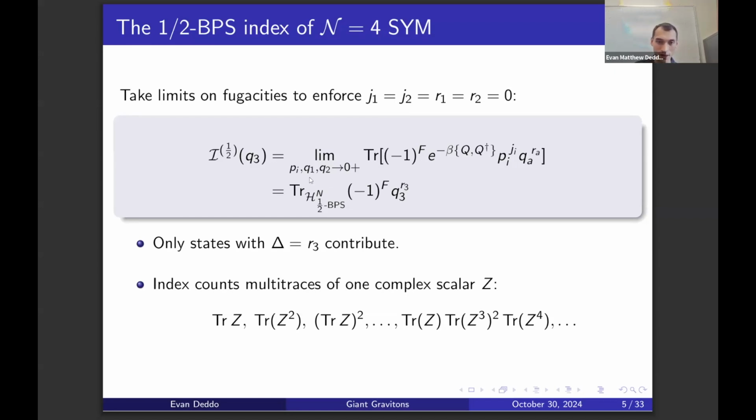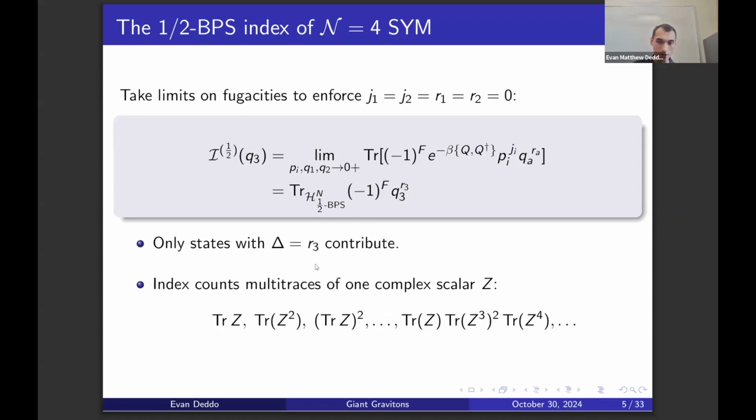We can do this by sending these fugacities to 0, because in this limit where these are very small, only the states that have 0 of these charges will end up giving a large enough contribution to the index. In that limit, this will just count the half-BPS states. And then the constraint on the conformal dimension turns into this.